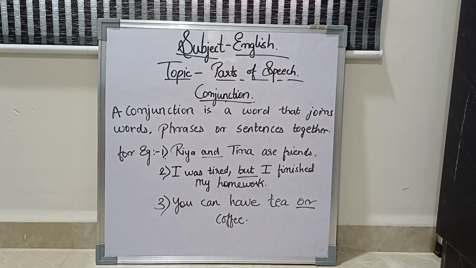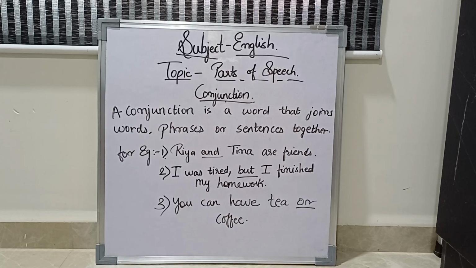Tea, coffee? We can take both, right? So we have to add or here so that the person who is listening will understand what we are trying to say. So now here we can say you can have tea or coffee.